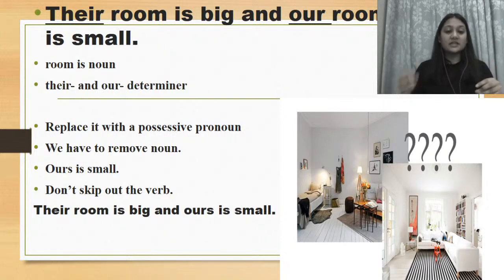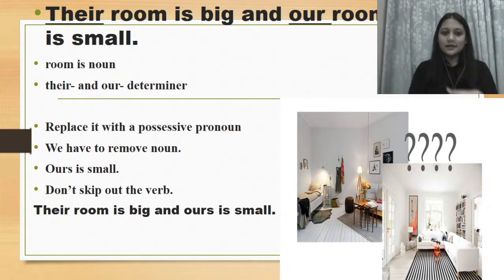But if you get a question to convert this into a pronoun, how can we do that? We have to remember the role of a pronoun. It replaces a noun. So we will remove the second noun, which is being used twice. It will be: their room is big and ours is small.